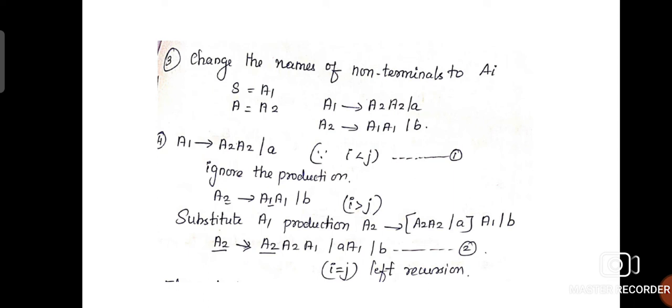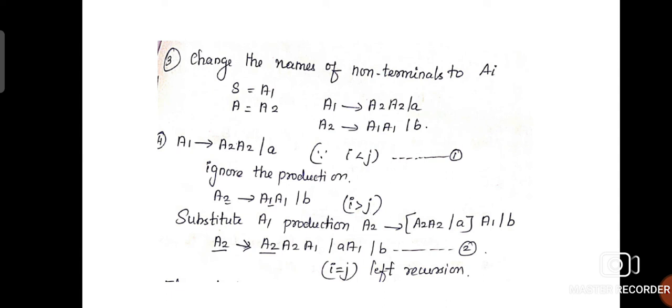Then we will take the next production rule, A2 tends to A1 A2, or A2 tends to B. Here when we compare I and J, we get the condition I greater than J, so this is not accepted. So we have to do some modifications, and we will substitute the A1 production in the place of A2. Now what will we get?